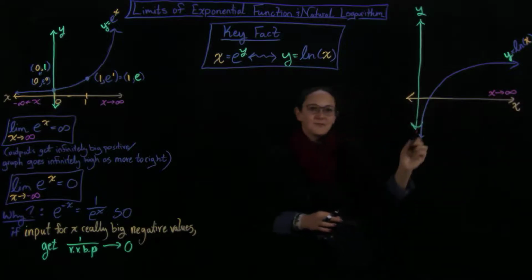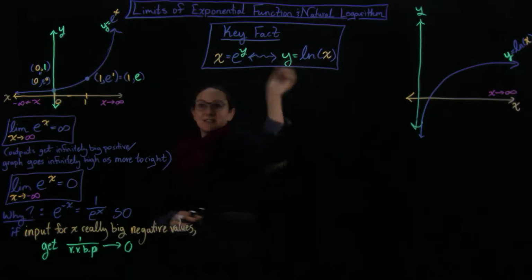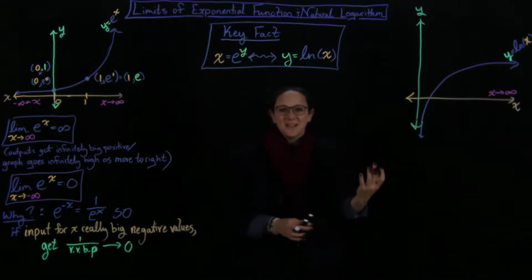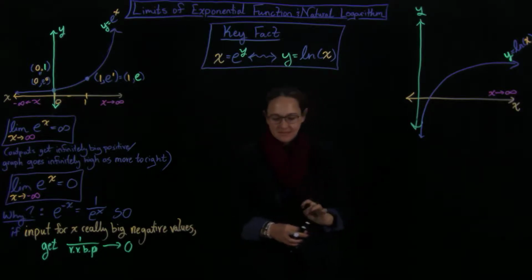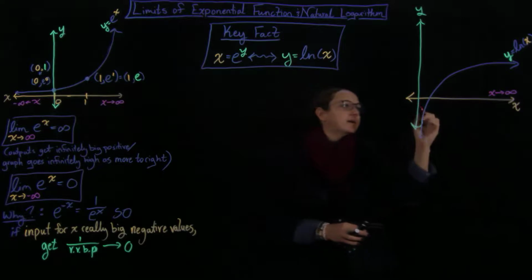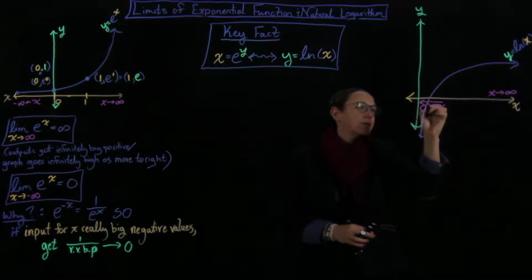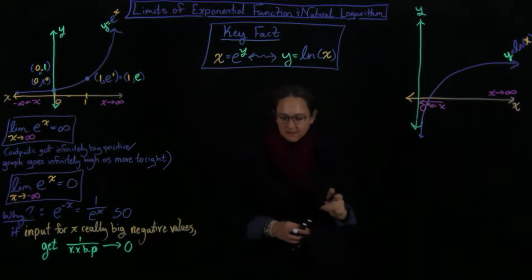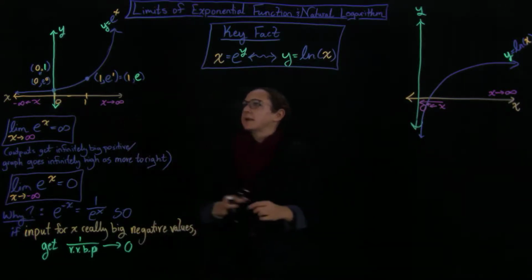This graph is never actually going to go negative in y, precisely using this fact, because when you take an exponent of a positive number, you're never going to get out a negative number. Okay, so that's what's going on there. And this is x going to 0 from the positive, the right-hand limit.